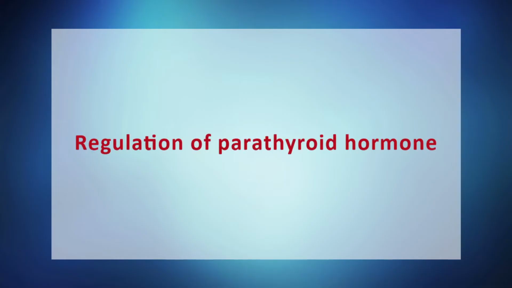Now, coming to the control of release, that is regulation of parathyroid hormone. Unlike other endocrine hormones, parathyroid secretion is not controlled by the anterior pituitary gland. Rather, its secretion from the parathyroid chief cells is determined by the circulating blood level of ionized calcium.